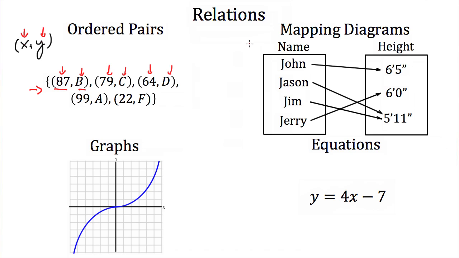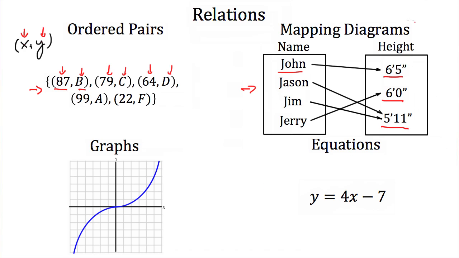Another way to show a relationship is to use a mapping diagram. Here we have a mapping diagram, and our two sets of data are a person's name and their height. John corresponds with being 6 foot 5 inches. So John is 6 foot 5 inches tall. Jason and Jim are both 5'11", and Jerry is 6 feet tall.